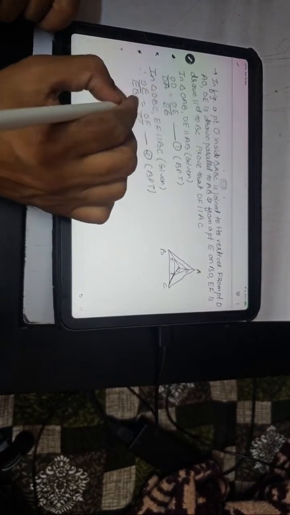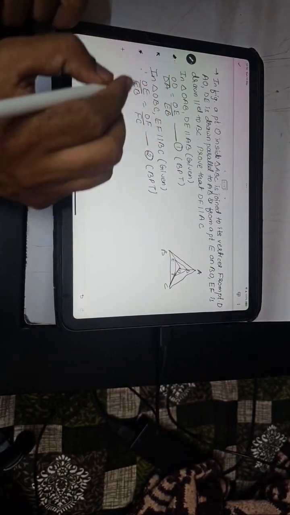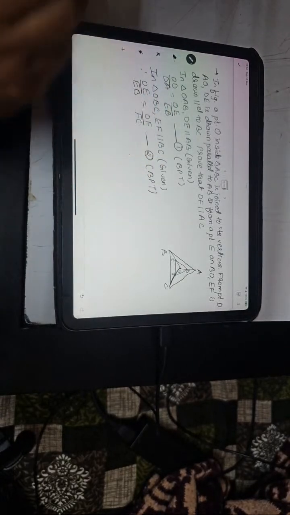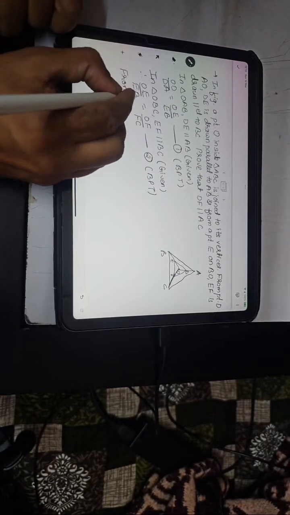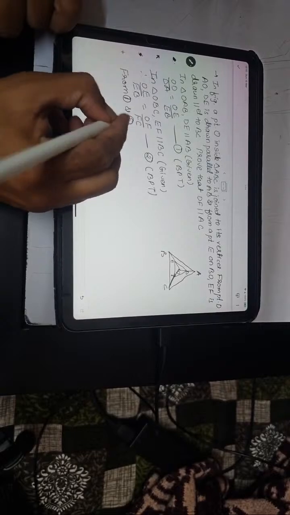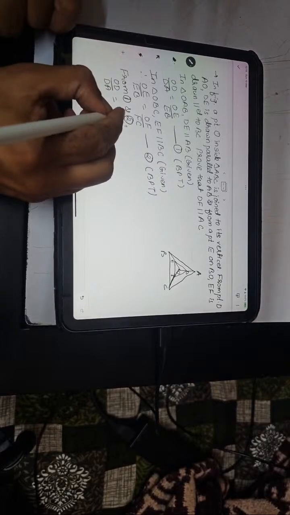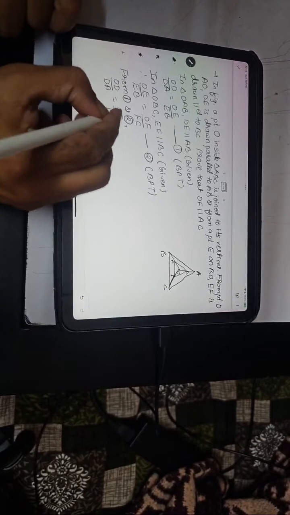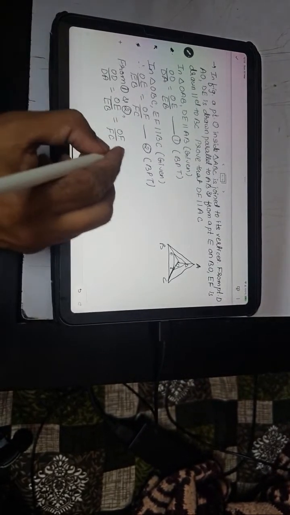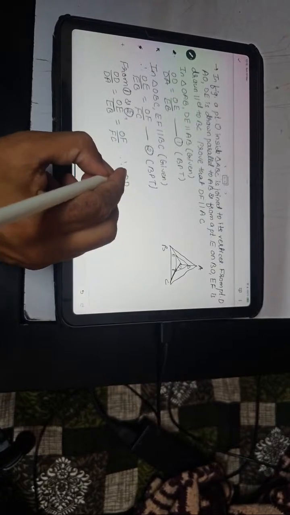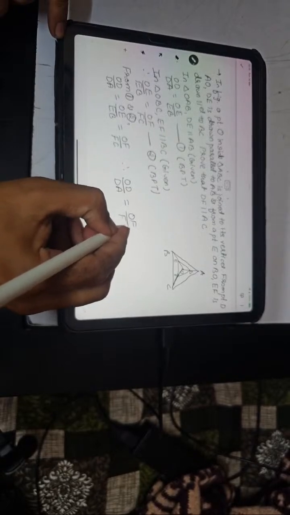Now see, if you see the 1 and 2 equation, can I say here OE upon EB is coming equal? So from 1 and 2, can I say OD upon DA equal to OE upon EB, and that is equal to OF upon FC. So therefore OD upon DA equal to OF upon FC.